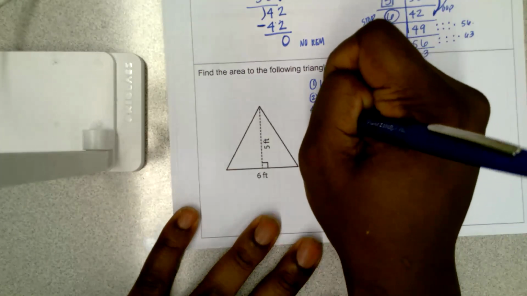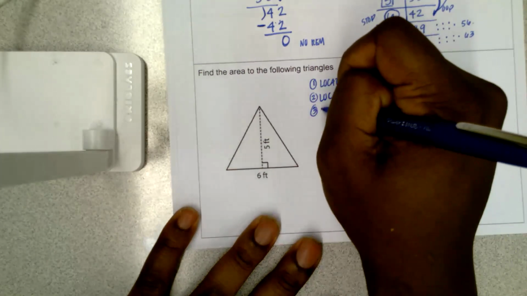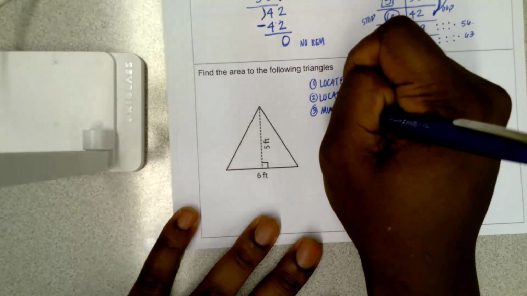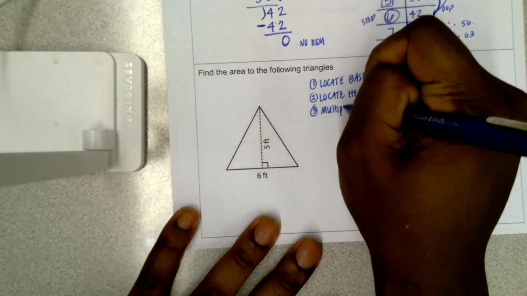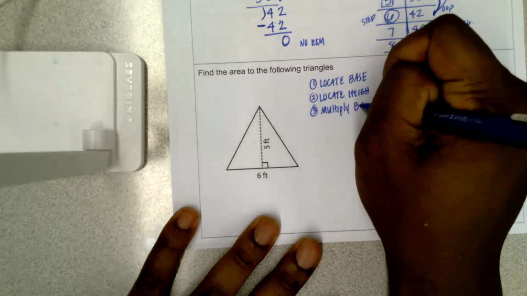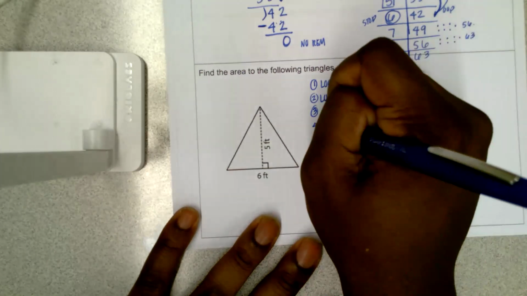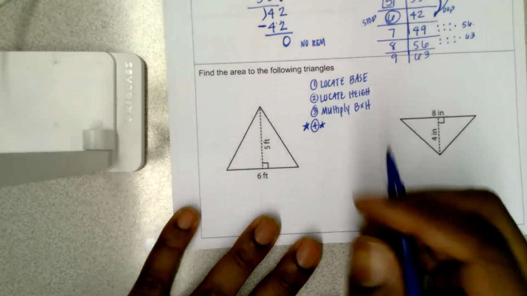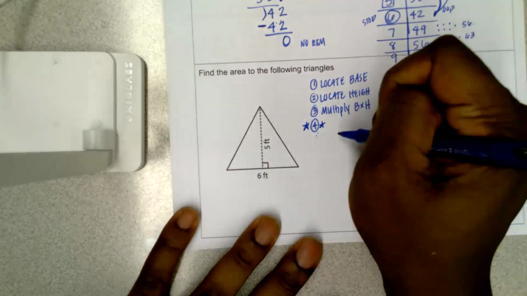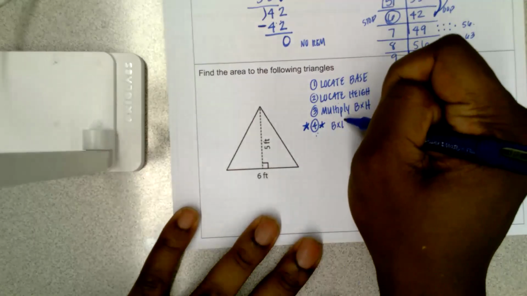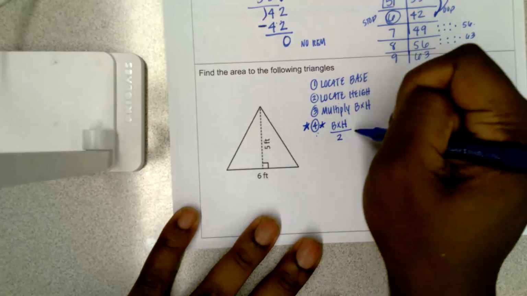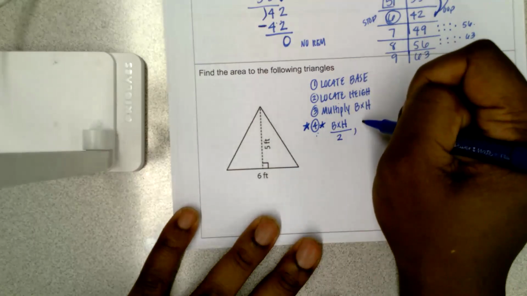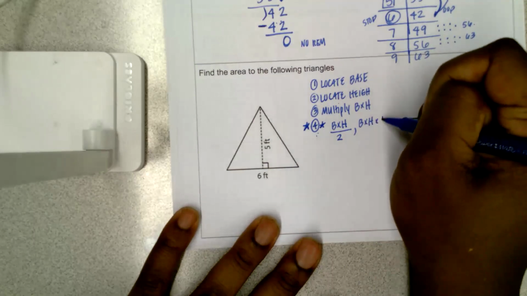Step 3, multiply base times height. Step 4, and I want to see in your notes that you put a star here. After you multiply, you divide by 2, or you multiply by 1/2.